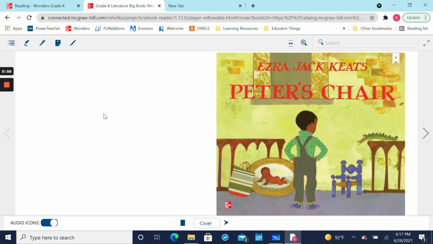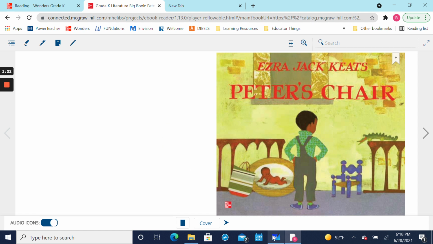So we're going to be asking and answering a lot of questions about the story as we're reading. And as we use that comprehension strategy, we are going to then focus on the plot sequence, focusing on what happened in the beginning, the middle, and the end of the story so that we know exactly what is going on in our story, Peter's Chair.